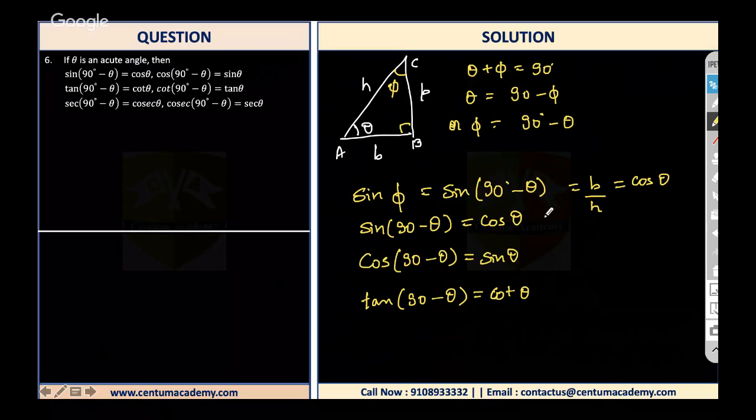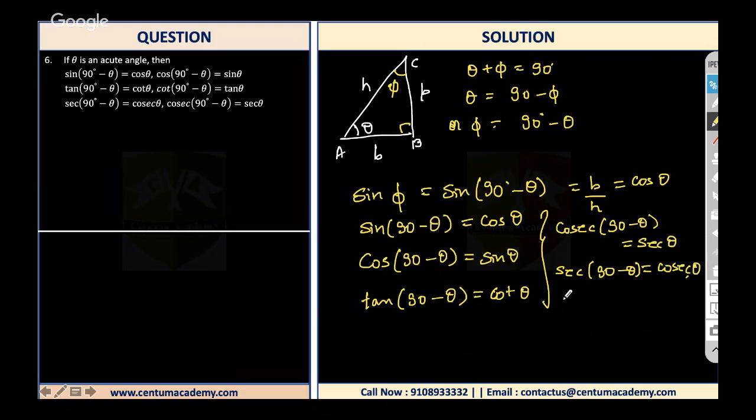So the other reciprocals are cosec 90 minus theta is equal to secant theta, and secant 90 minus theta is equal to cosecant theta.